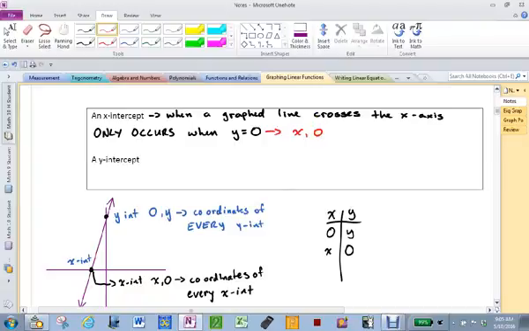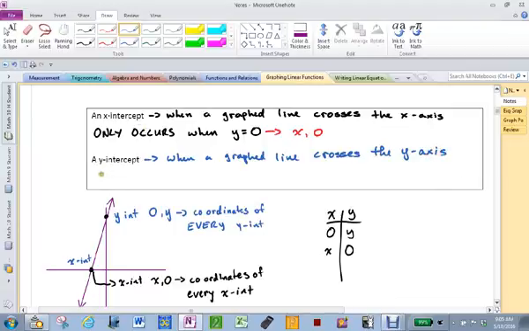Is everyone cool? Great. So what's the y-intercept? When a graphed line crosses the y-axis. And when does it occur?